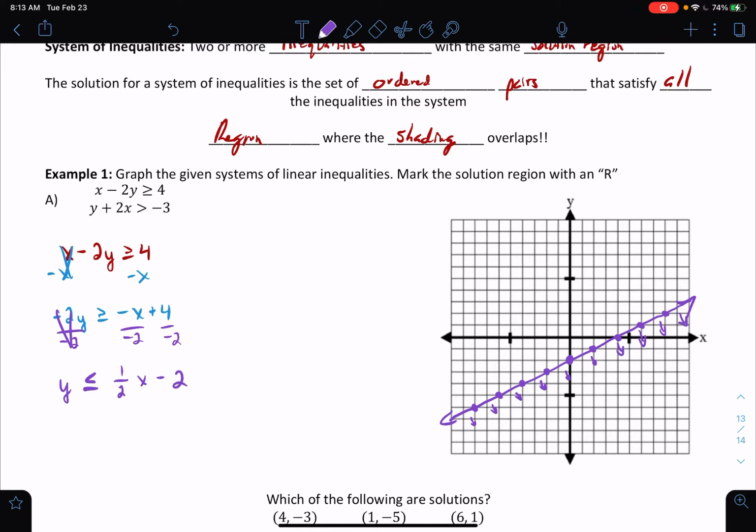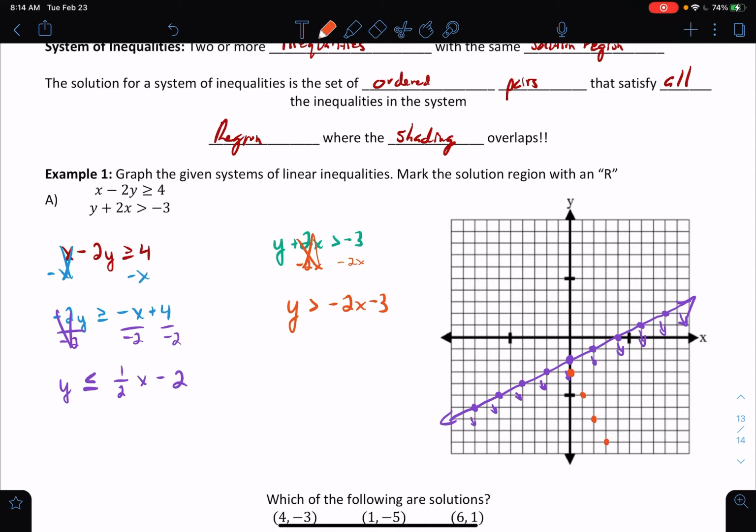All right, the other line that we need to graph is y plus 2x is greater than negative 3. This is the other inequality that we need to graph. So we got to get the y by itself, so I'm going to subtract 2x from both sides. So I'll get y is greater than negative 2x minus 3. Okay, so if I'm going to graph this one, I start at negative 3, and I'm going to go down 2 to the right one, down 2 to the right one, down 2 to the right one.